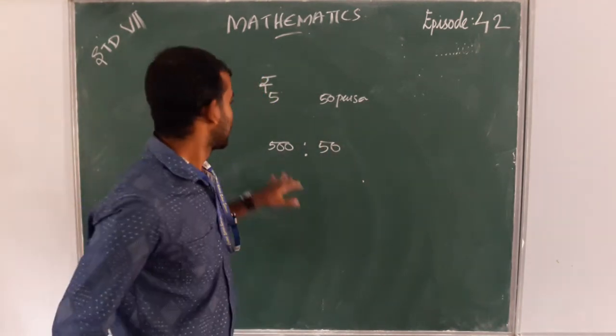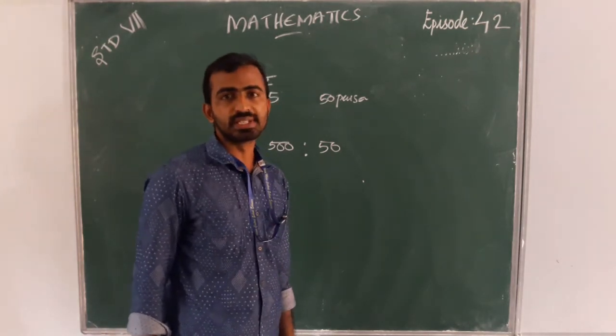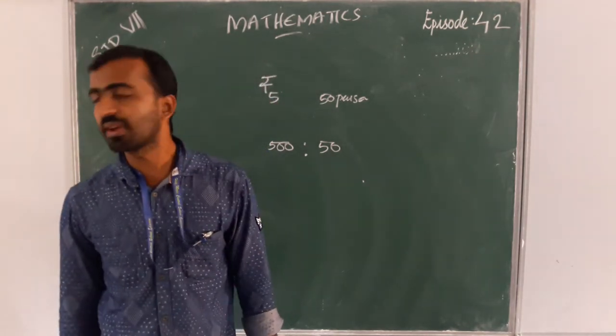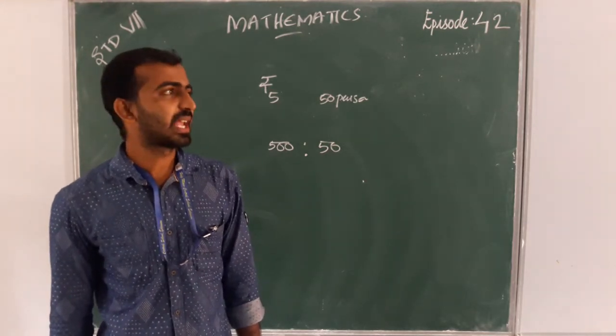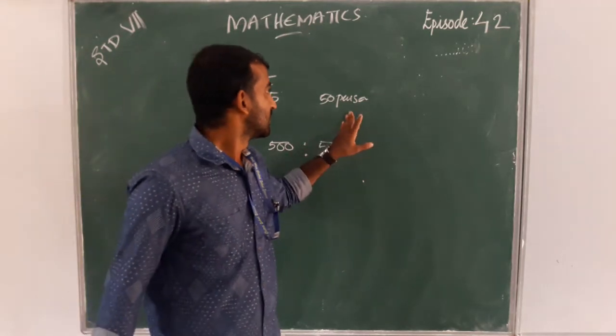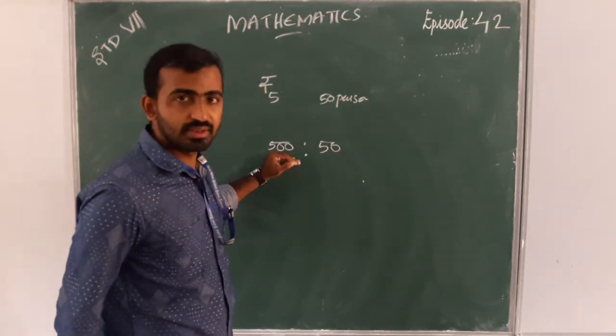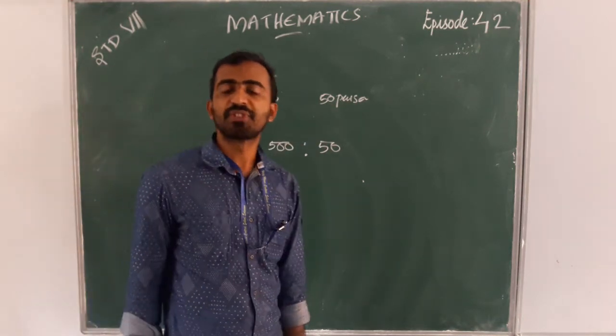Now these are in the same units. 5 rupees converted to paisa gives 500, and here also 50 paisa.